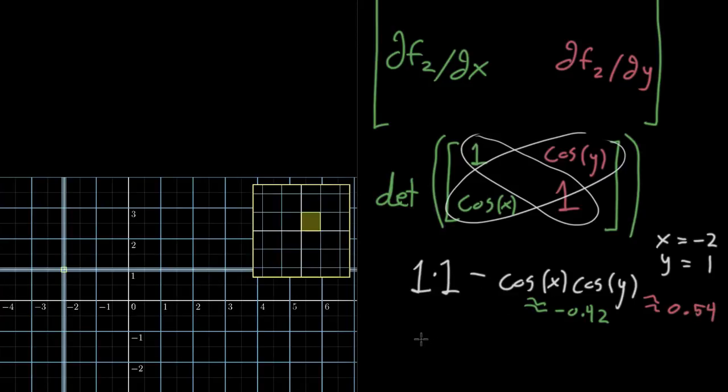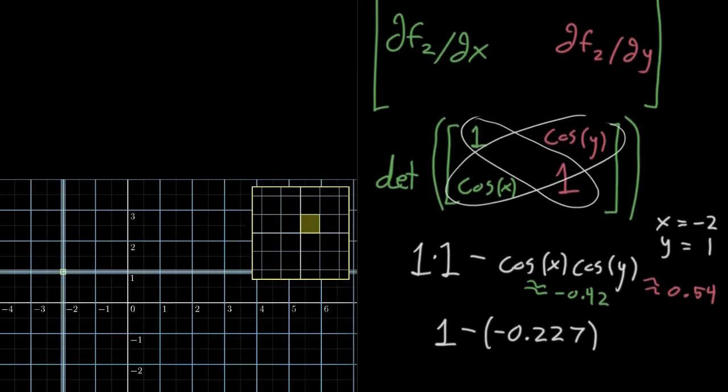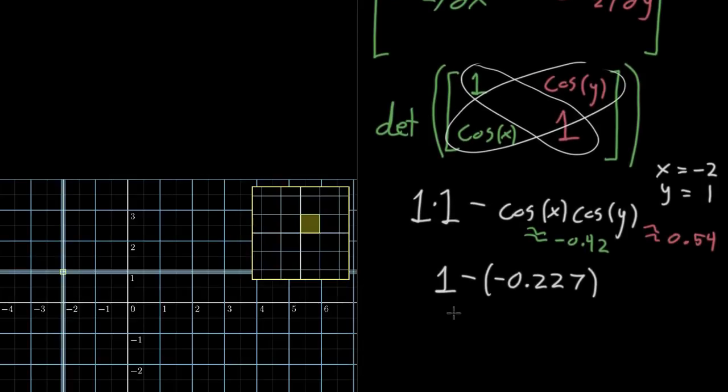And when we multiply those, when we take 1 minus the product of those, it's going to be about -0.227. And that's all stuff that you can plug into your calculator if you want. And what that means is that the total determinant evaluated at that point, the Jacobian determinant at the point -2, 1, is about 1.227. So that's telling you that areas tend to get stretched out by this factor around that point.